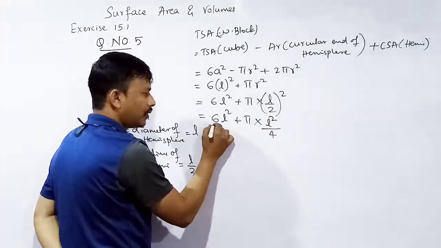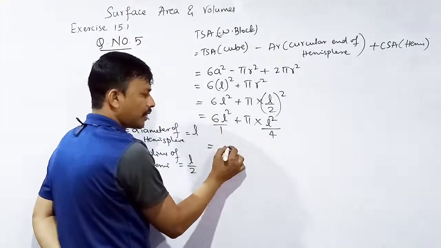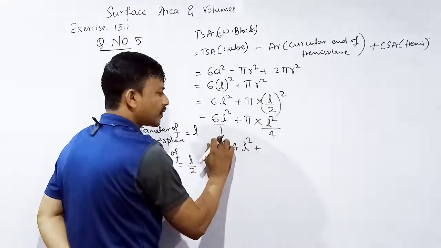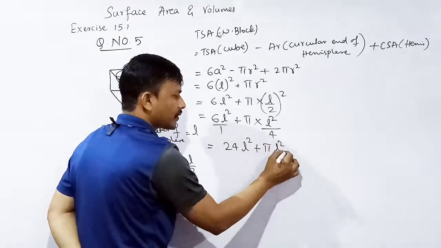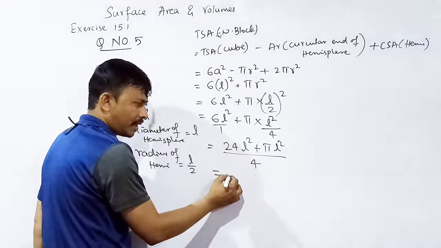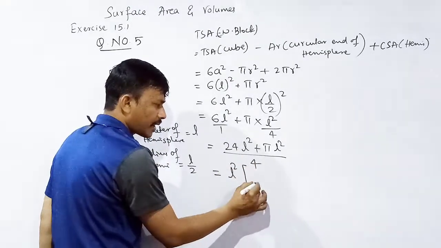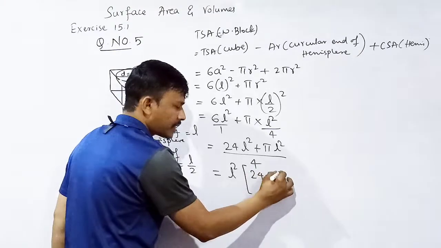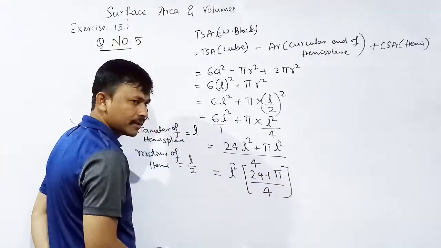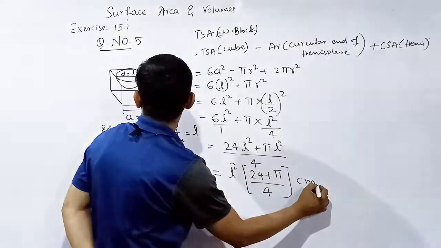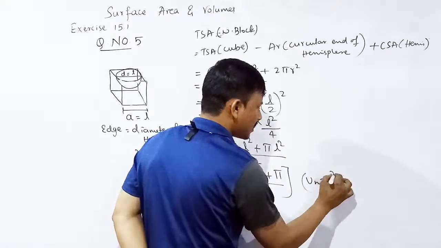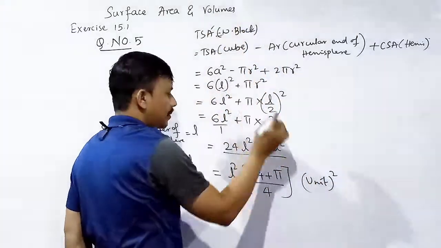This is equal to 6 4s are 24 l square plus pi l square divided by 4 ones are 4. This is equal to, what is common here? L square common in bracket, 24 plus pi whole divided by 4. This is the answer. Unit square, because it is an area, that means square. Right.